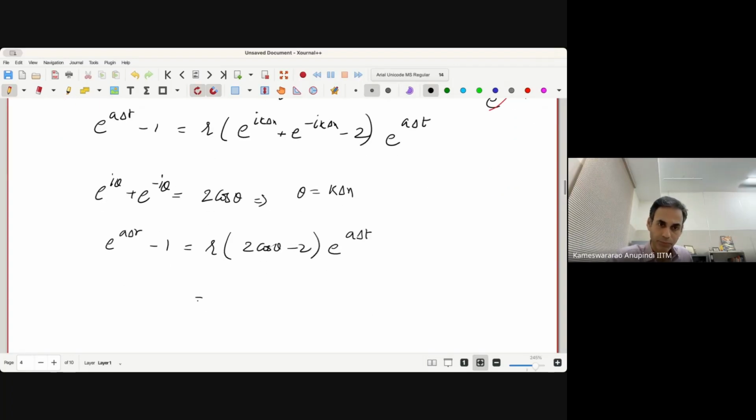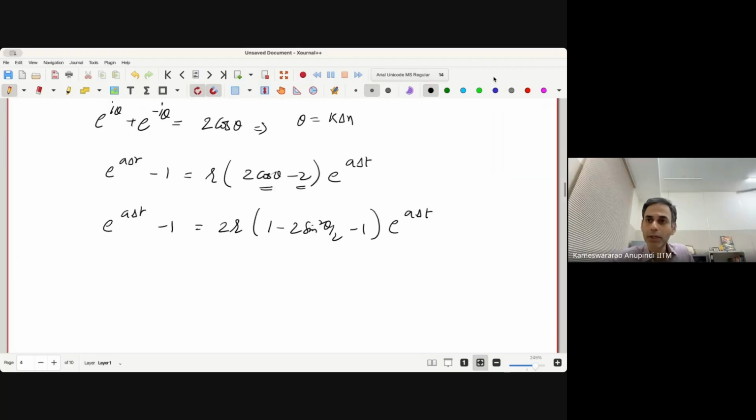So 2 cos theta can be written as 1 minus 2 sine square theta by 2, and then this 2 is gone out, so it becomes 1, and then you put e to the power a delta t, so a delta t minus 1. Okay, so then the 1 gets cancelled. Then we can simplify these things. So it's going to be e to the power a delta t times 1, taking out this common.